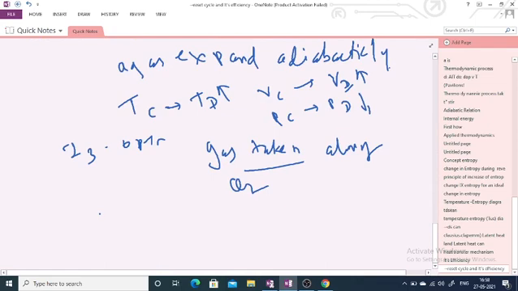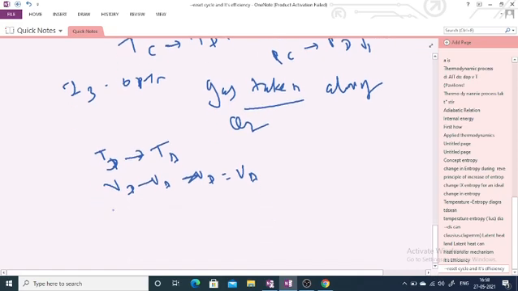So during this operation number 5, temperature goes from TD to TA, and VD is equal to VA. The volume is not changed, but the pressure changes from PD to PA. So pressure decreases and temperature also decreases.